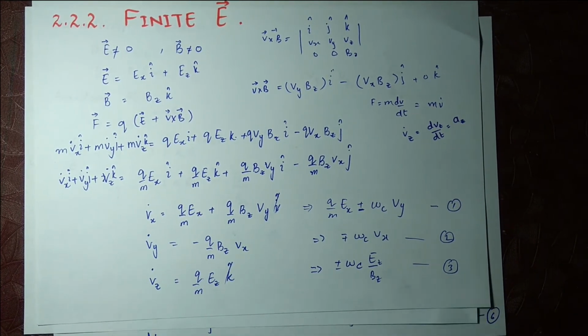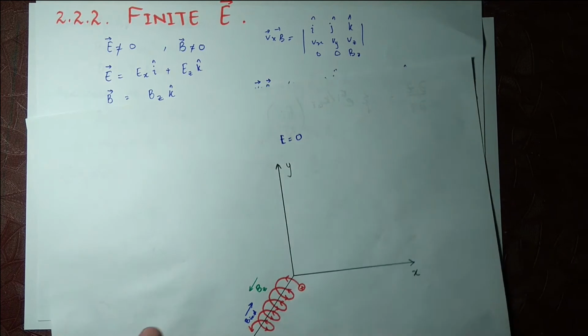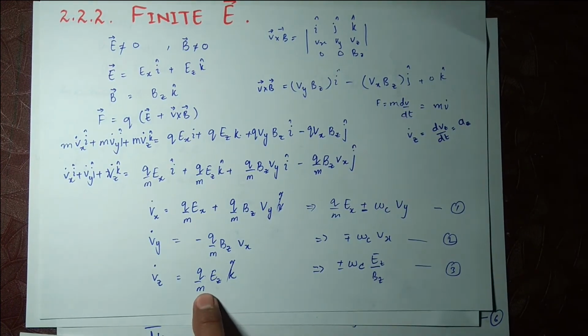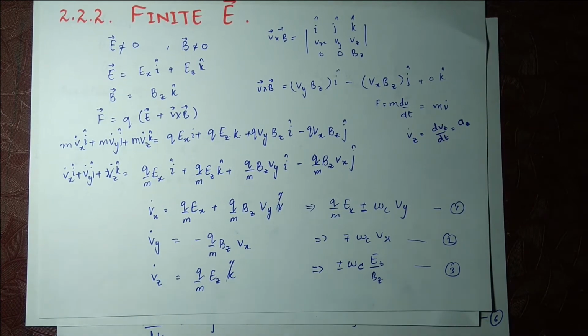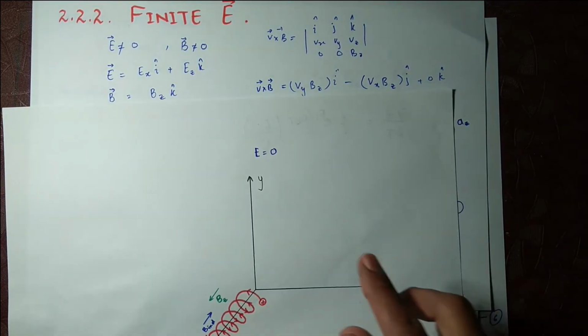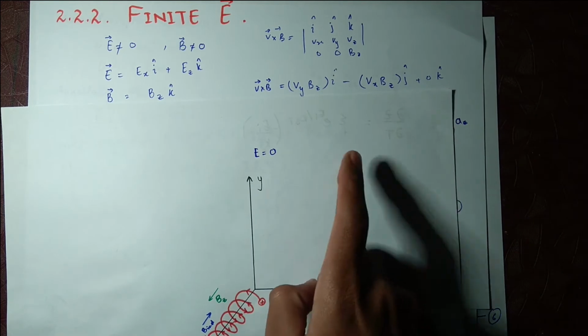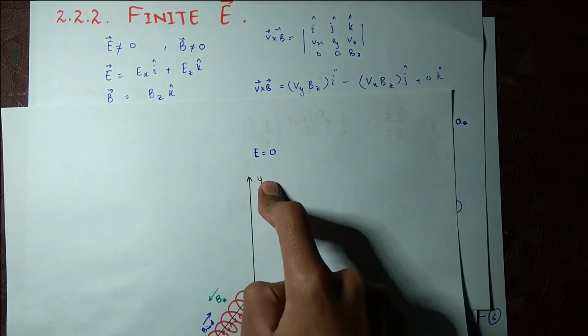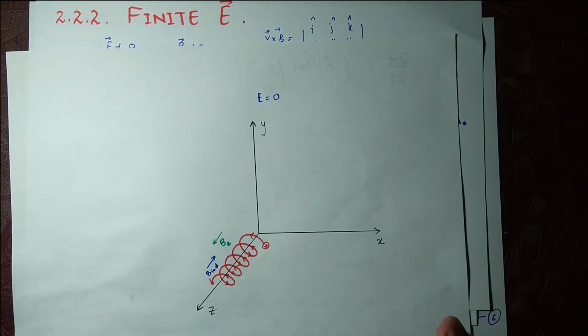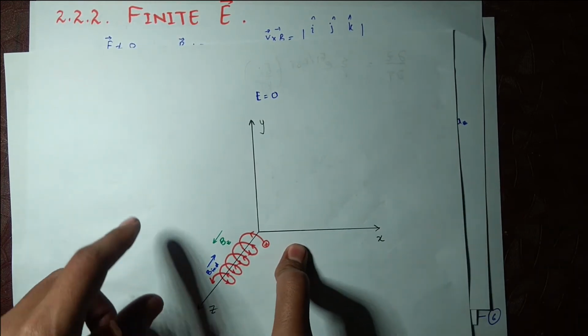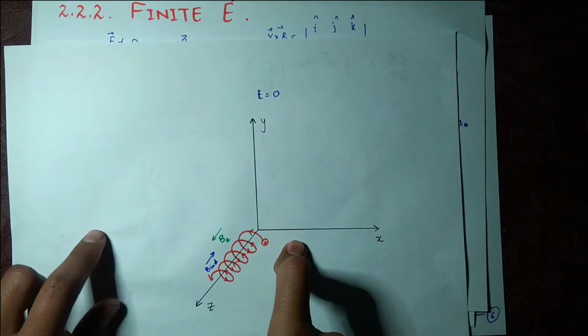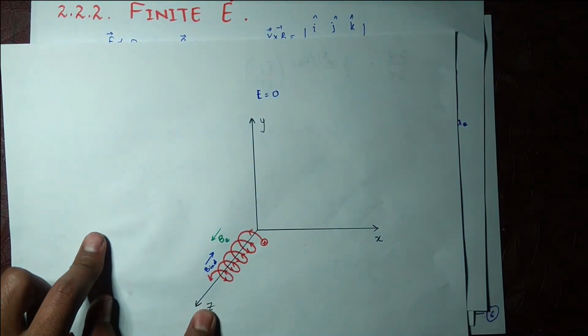But when an electric field is applied, now we have some acceleration in vz. This is the first difference between when E was equal to 0 and when E is not equal to 0: when we apply an electric field, it will accelerate toward the z-axis.